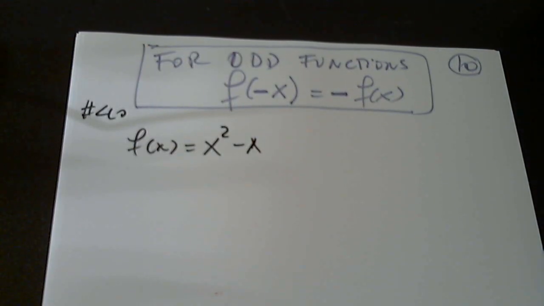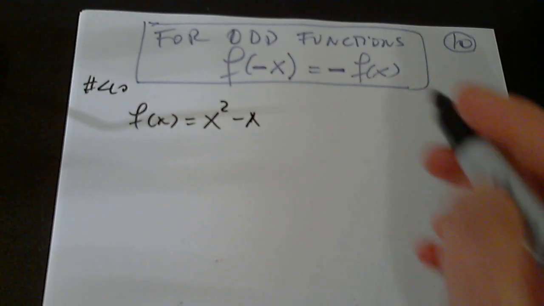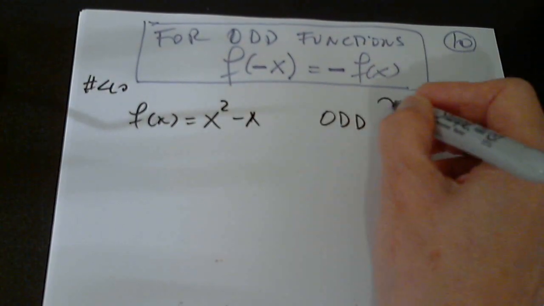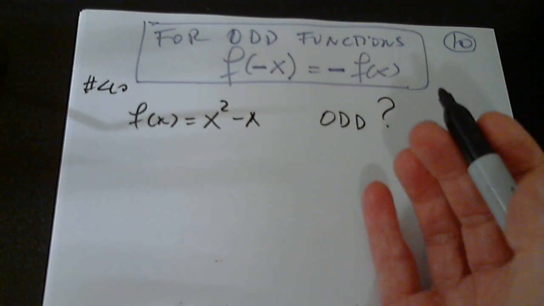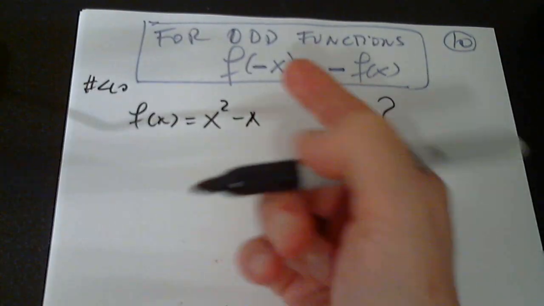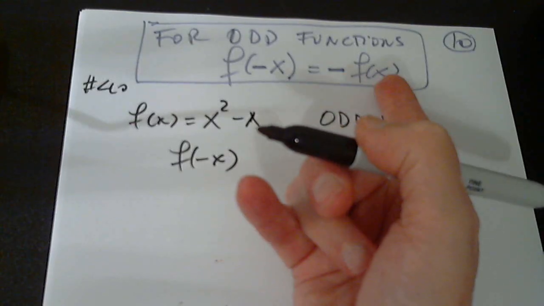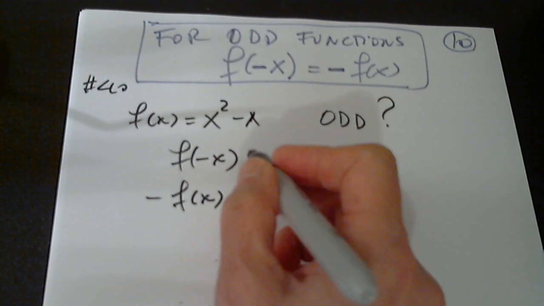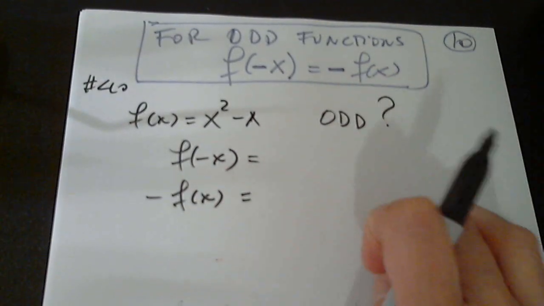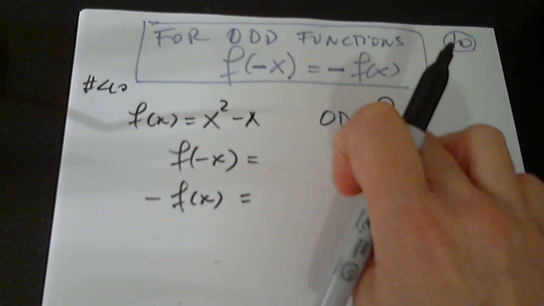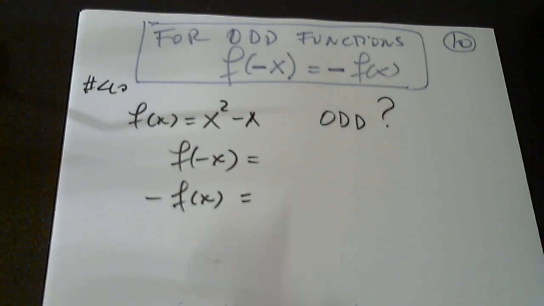And for now, I'm just going to ask myself, is this function odd? I have to find two things. I have to find f of negative x, and I have to find the opposite of f of x. If this equals this, I'll say yes. If this doesn't equal this, I'm going to say no.